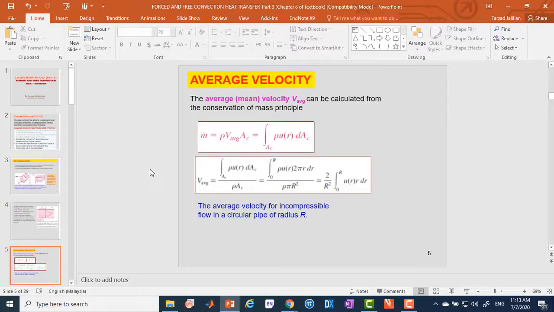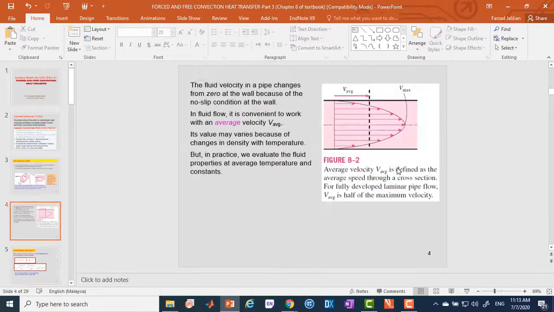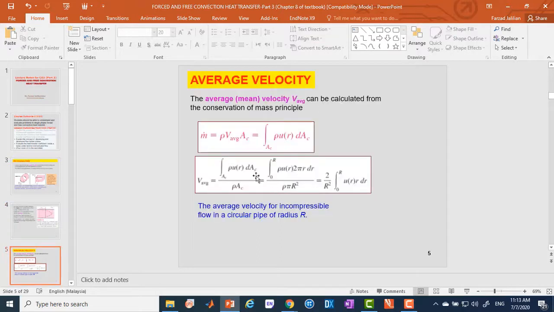Okay, first let us start with this average velocity. The average or mean velocity can be calculated by the conservation of mass principle. This principle says that there isn't any loss or production of mass for a differential part of the flow inside the pipe or any other media.